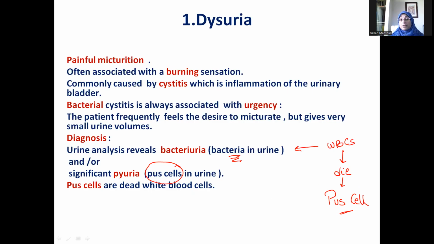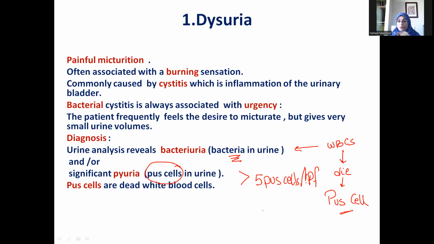Pyuria means pus in urine. And if there is significant pyuria, meaning that if you have more than 5 pus cells per high power field, HPF stands for high power field, meaning when you look through the high power lens of the microscope, you see a circular field.